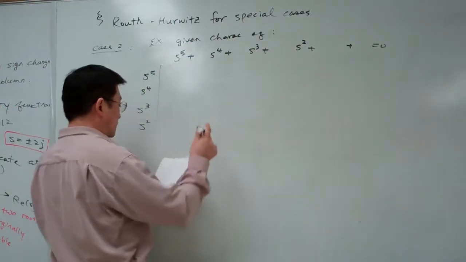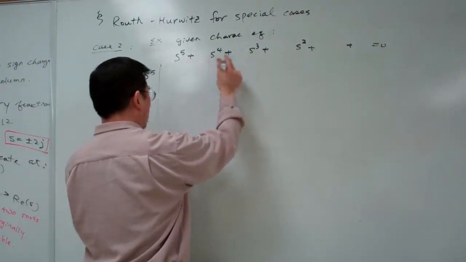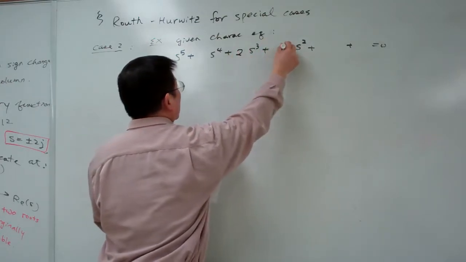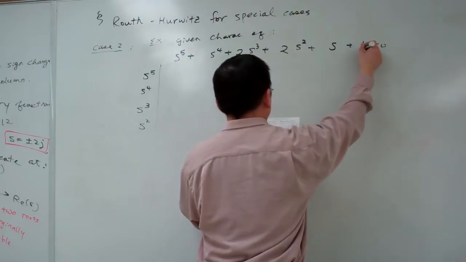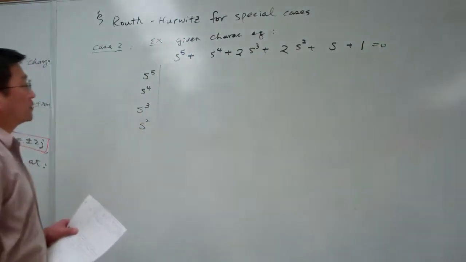For this case, the first row is 1, 2, 2, and the next is 1, 1, and so on. This is a simple system.